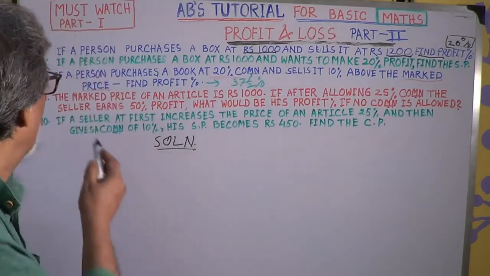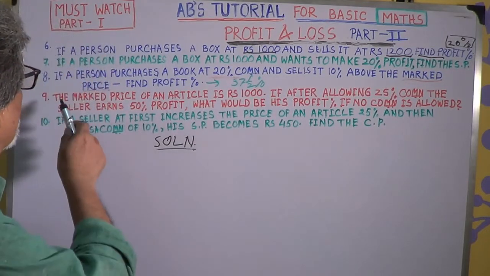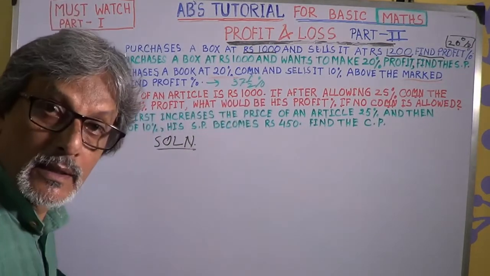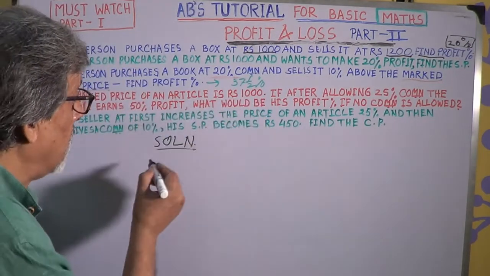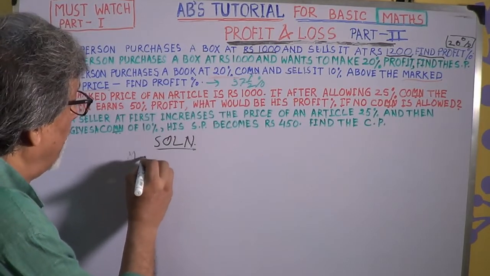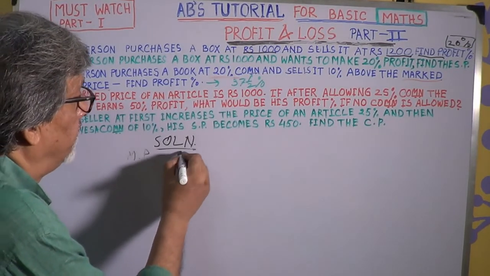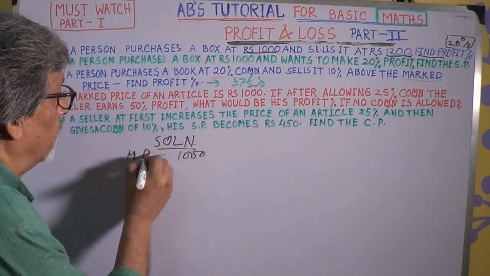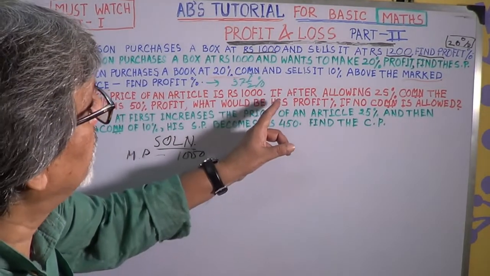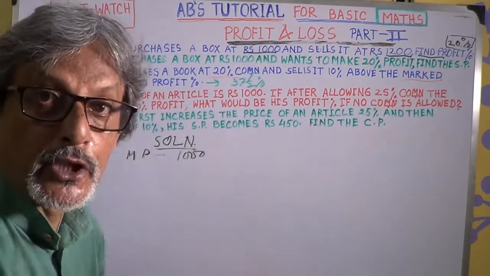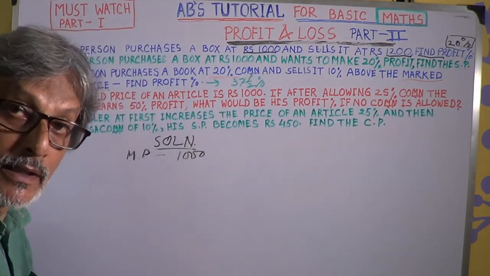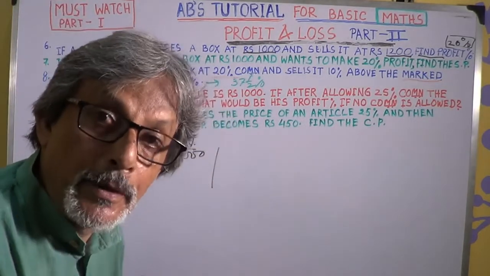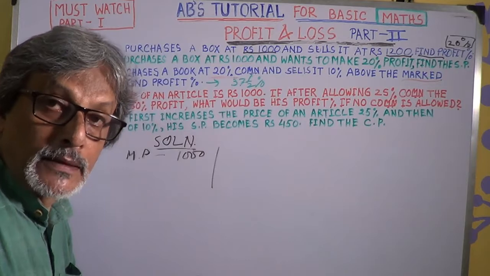Now let us come to number 9. The marked price of an article is rupees 1000. So in the solution, what I will write? Marked price is rupees 1000, and if after allowing 25% commission, this means out of every 100 rupees he is allowing rupees 25 as a commission.